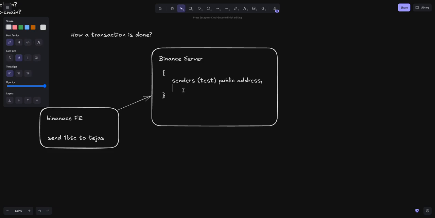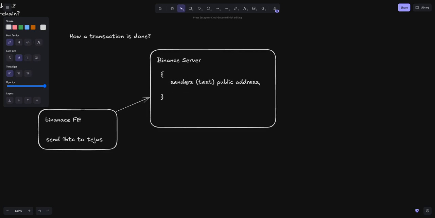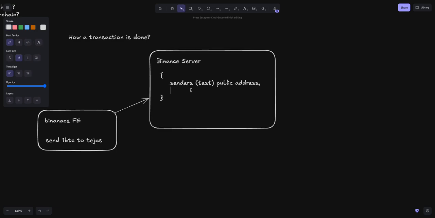He can take out the money anytime he wants. So the Binance server creates an object that has the sender's public address, and the receiver's public address, let's say the receiver is nothing but Paj's public address. After this, we will look into why all of this is used. It has the transaction amount, let's say 1 BTC.